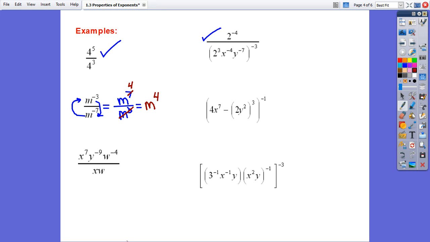Take a look at the one right below that, and then we'll look at the other two. The one right below that one, you can see we have some x's on top and bottom. We have w's on top and bottom. We have negatives. So it depends, I guess, on what you see. I'm going to take care of those negative exponents maybe first. And so what I'm going to have is my xw that was already down there, but then I move y to the 9th and w to the 4th down there with it.